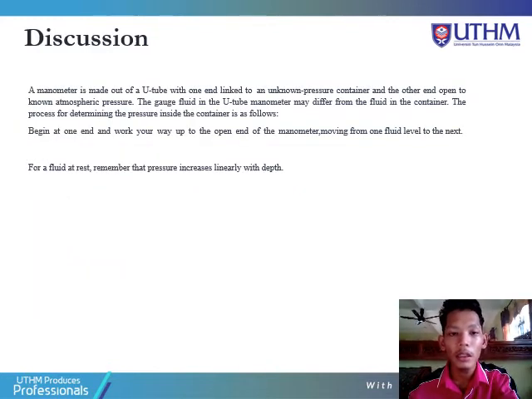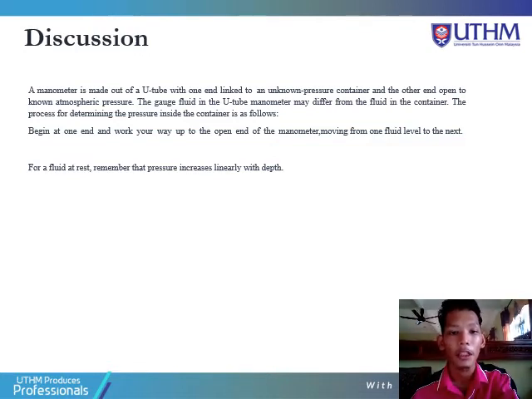So next is the discussion. A manometer is made of a U-tube with one end linked to an unknown pressure container and the other end open to the known atmospheric pressure. The gauge fluid in the U-tube manometer may differ from the fluid in the container.